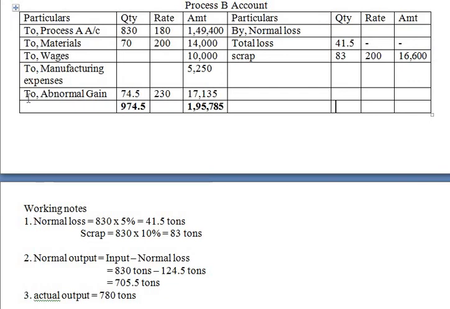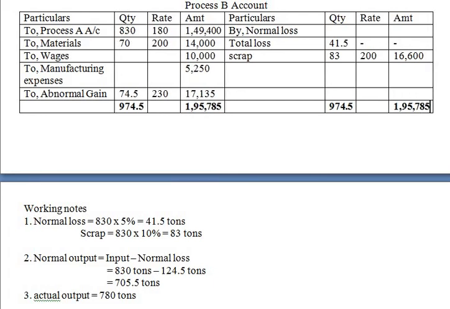Okay, record here 974.5, 1,95,785. Okay, hope everybody is understanding this.